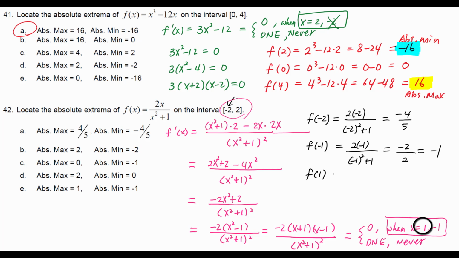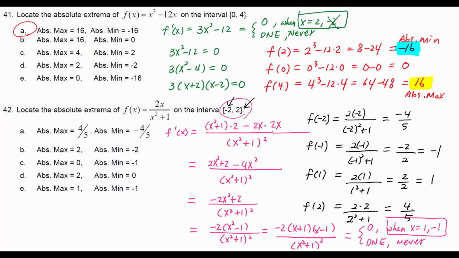F of 1, another critical number, is equal to 2 times 1 over 1 squared plus 1, which is 2 over 2. I get +1. Lastly, f of 2, the last endpoint, is equal to 2 times 2 over 2 squared plus 1, which is 4 over 5.